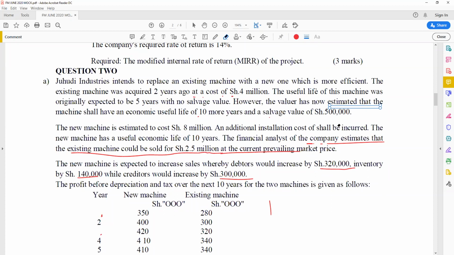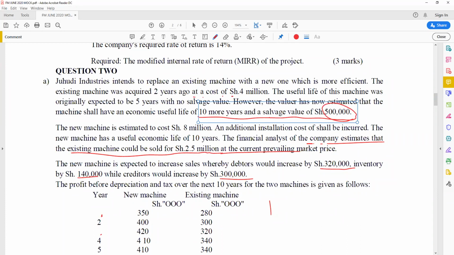If the company was to continue using the old machine, at the end of the 10 years, it would have been able to get 500,000. But since the company bought the new machine, they lost that chance to get 500,000. So we have to consider this an opportunity benefit loss.